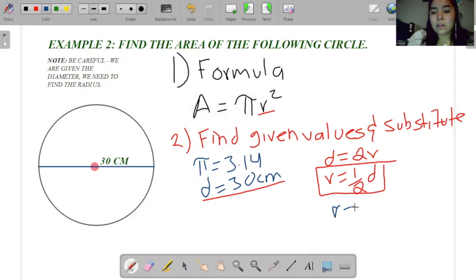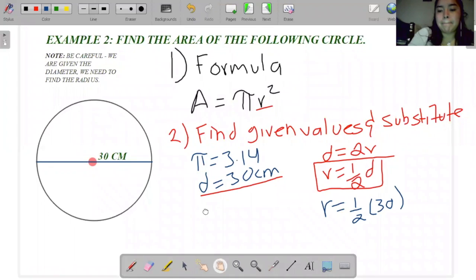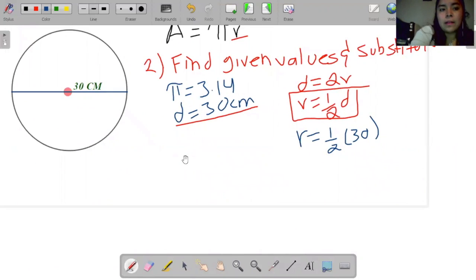So r is equal to half of 30. Let me write it down. So what's half of 30? Half of 30 is 15 centimeters. So it'll be 30 over 2.